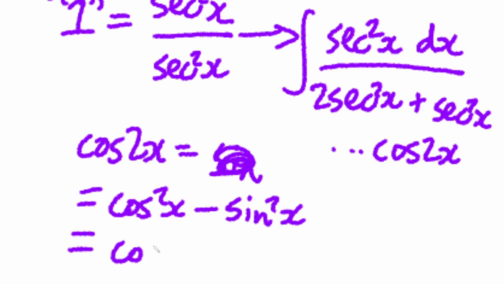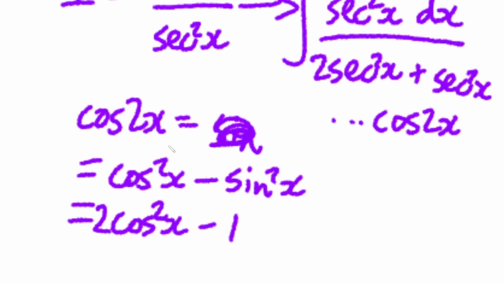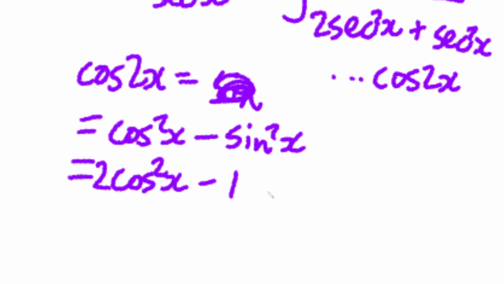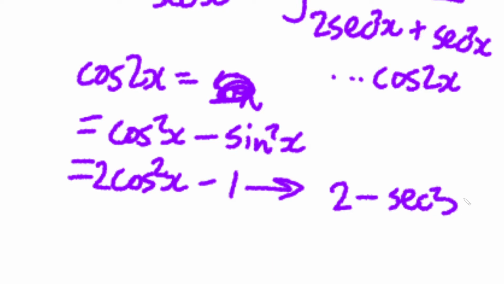We know that cos 2x is going to be 2 cos squared x minus 1, because sine squared x is 1 minus cos squared x. So if we make that substitution, you get this expression 2 cos squared x minus 1. And multiplying that by sec squared x, we get 2 minus sec squared x.